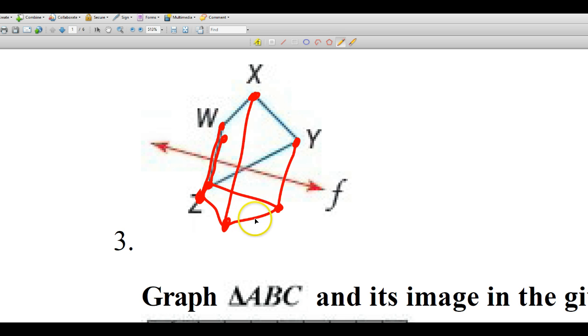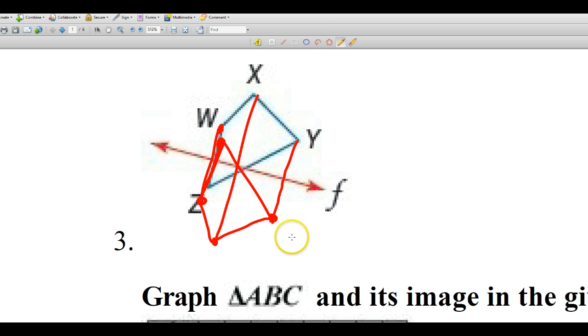Not exact, but let's see if I could do that a little better. See, Z prime is here, and then W prime would end up over here. There, that's better.